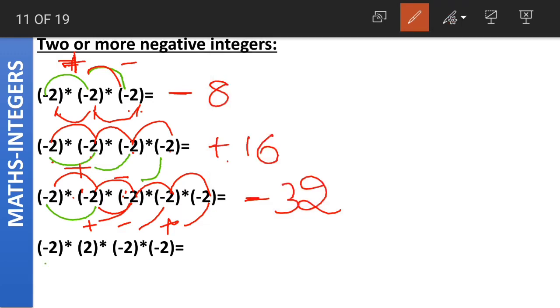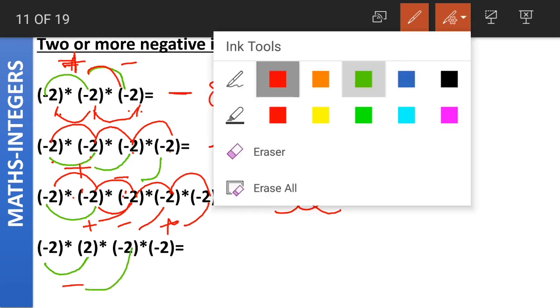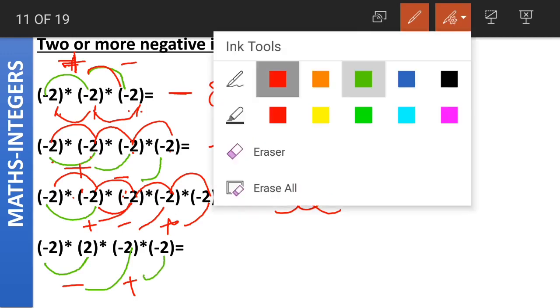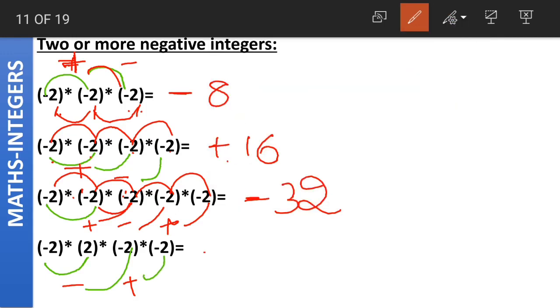And coming to the last one, minus into plus gives us what? Both the signs are different. So the answer will be negative. Again minus into minus, both the signs are same, so the answer will be positive. The last one, plus into minus, the final result what will it have? Both the signs are different, so the final answer will have a negative sign.